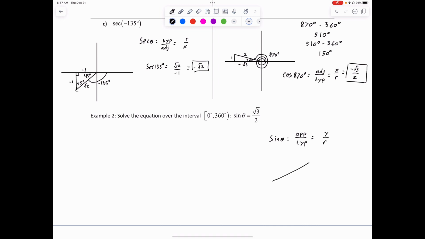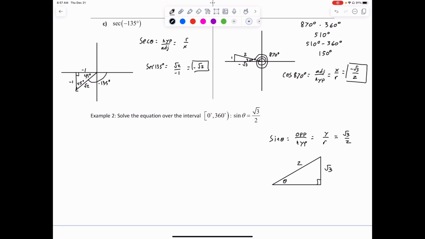If I sketch a quick picture of this triangle in question, I'm saying the sine of some angle should be opposite radical 3, because the problem is giving us that this is equal to radical 3 over 2. So we can treat y as the radical 3 value and r as the 2 value.